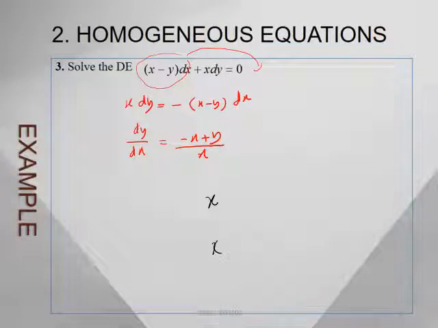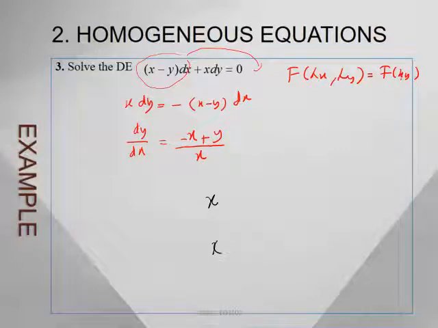Okay, so now it is in the general form. Now we can test whether it's homogeneous or not. How to test it? We prove that f(λx, λy) is equal to f(x, y). So let's try to do this together.